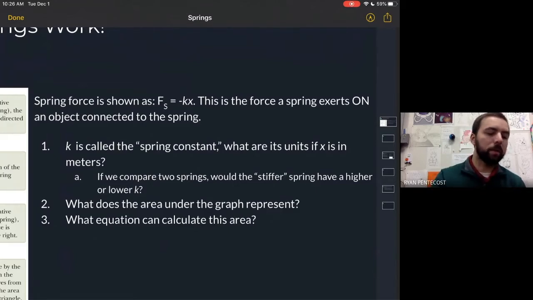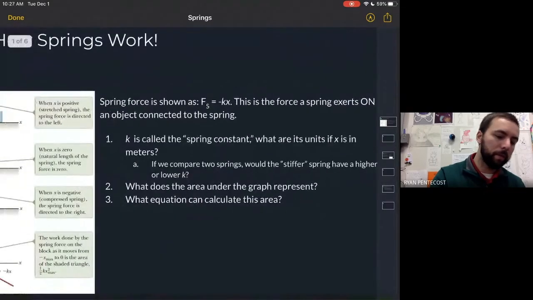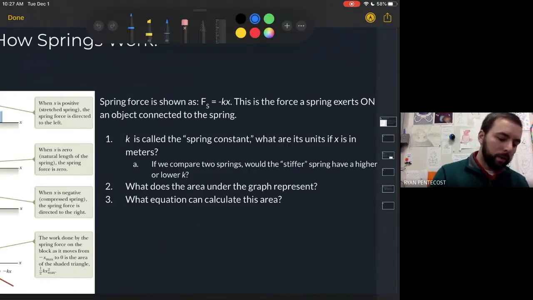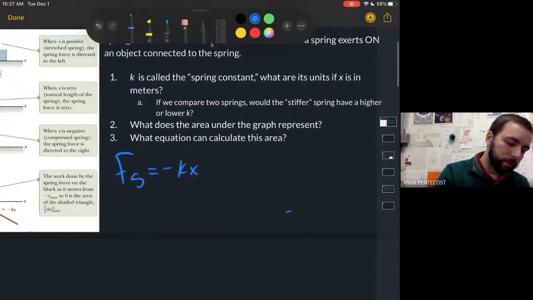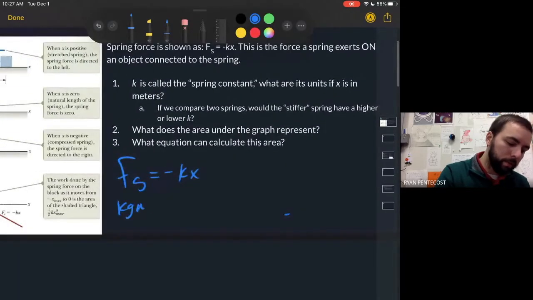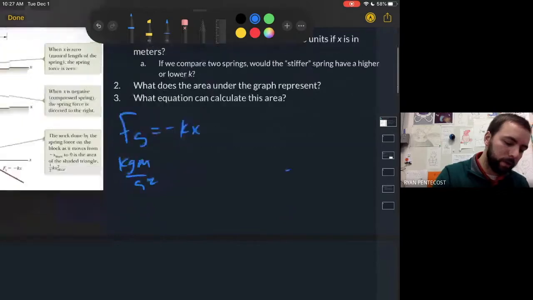So K is called the spring constant. What are its units if X is in meters? So if X is measuring the distance from the spring's equilibrium, right? So if the spring force equals negative kx, right? We've got a kilogram meter per second squared on this side, because that's a Newton.